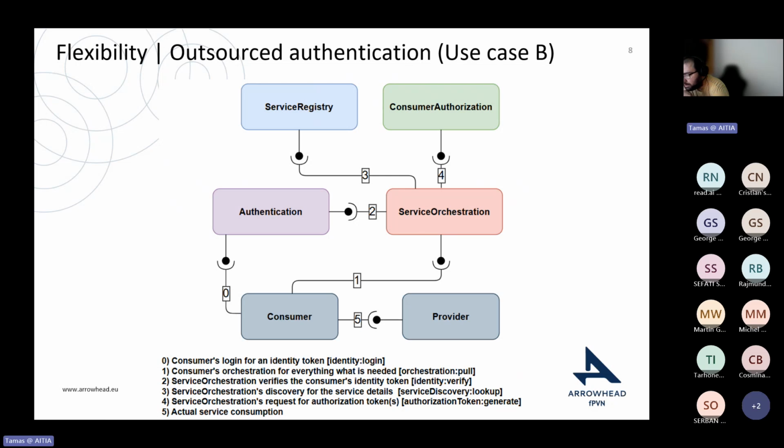How will the provider be sure that the consumer is part of the same local cloud, since the provider cannot check its identity? It will be guaranteed by the authorization process and authorization tokens. I will detail this also in the coming slides.